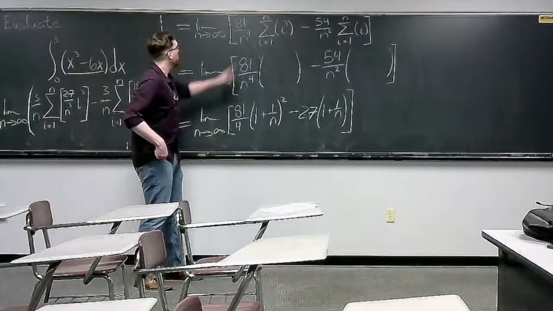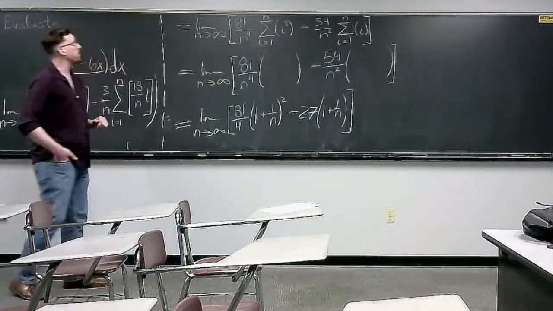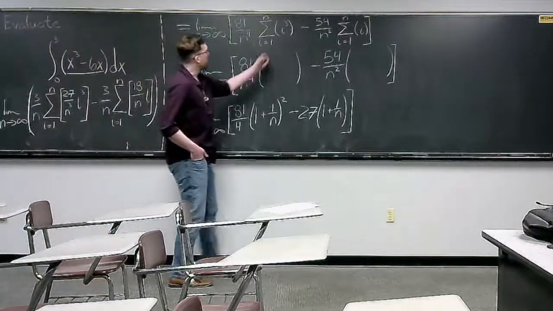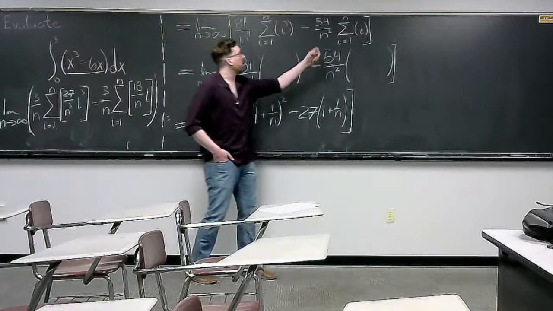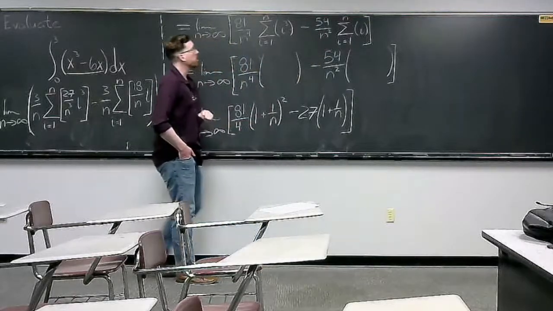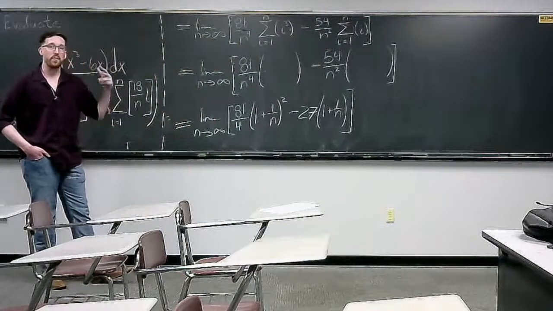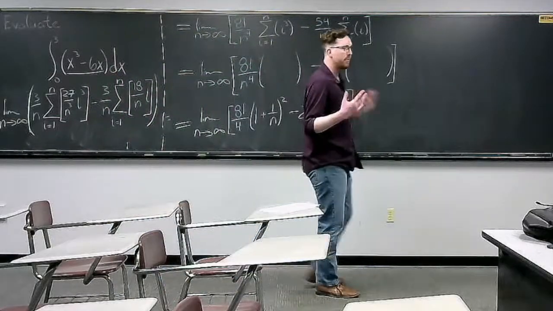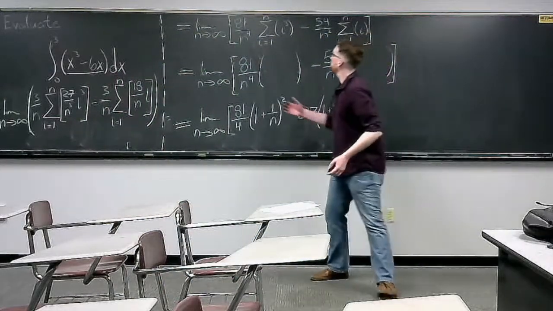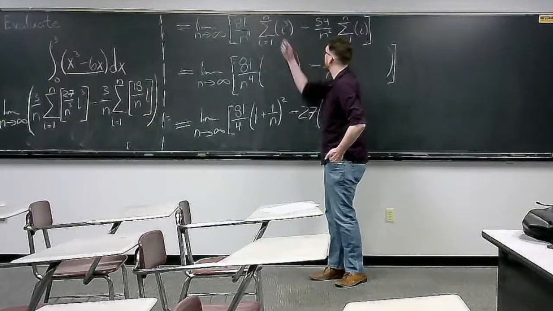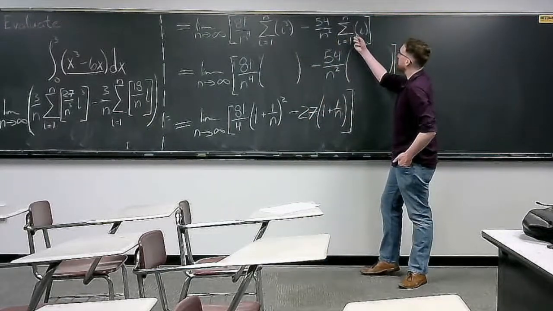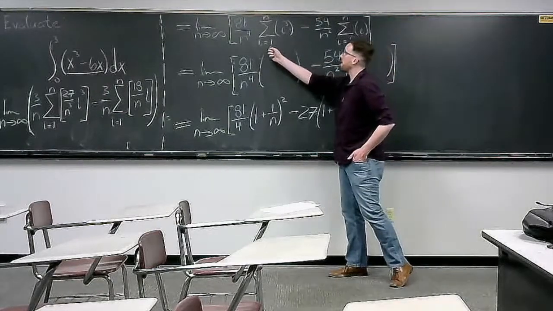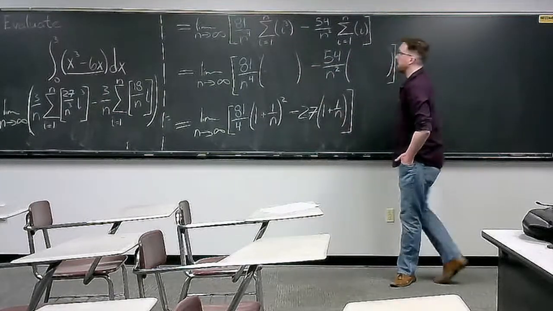And when we do that, we're going to get these coefficients of 81 over n to the fourth power in front of this first series, and 54 over n squared as a coefficient in front of that second series. So that leaves us with our first series being of just i cubed, and our second series being of just i, and both of them are from i equal to 1 up to n.